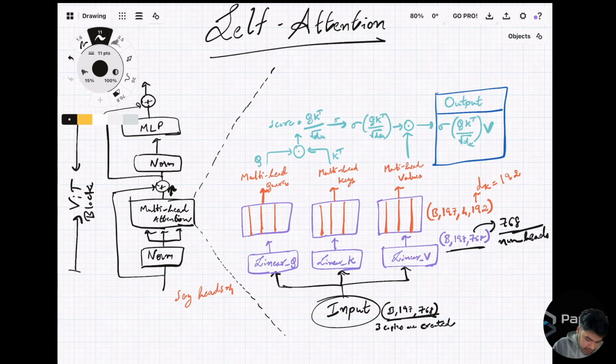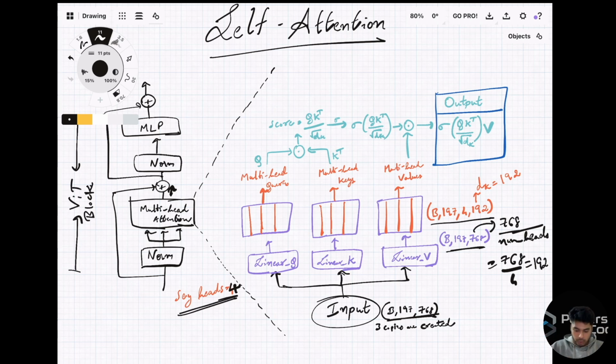So let's say we go for number of heads equal to 4. So 768 by 4 is equal to 192. So we end up with a dimension of batch size, 197, 4, and 192. It's just a reshaping of the tensor.